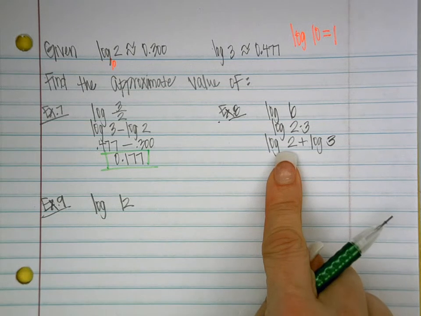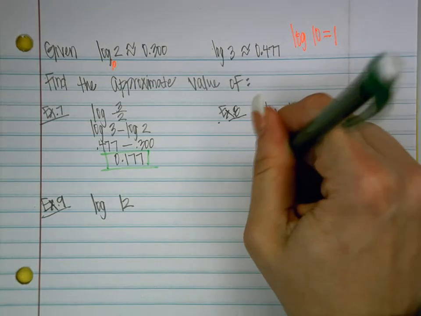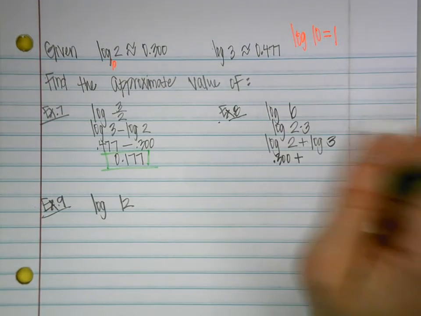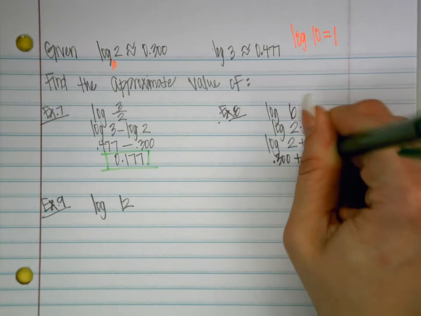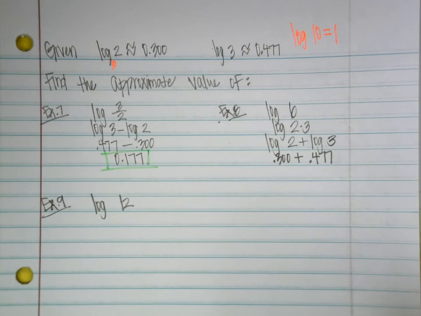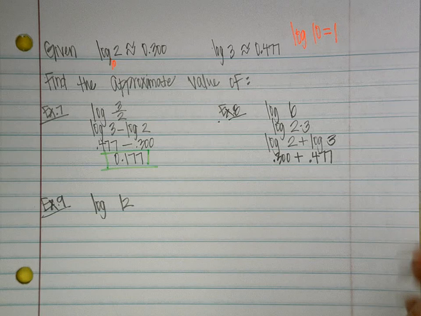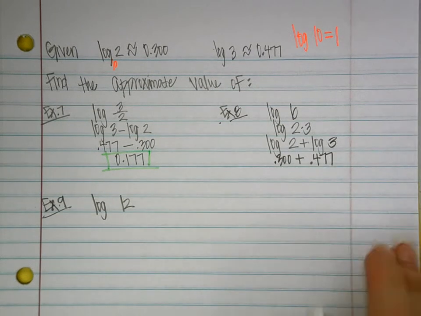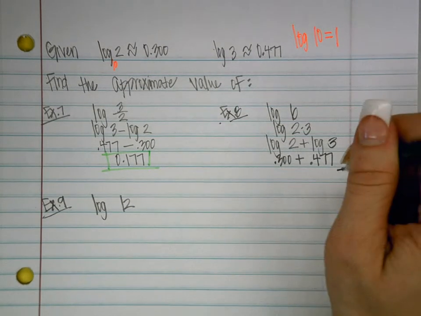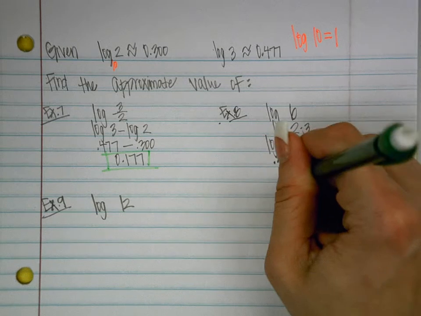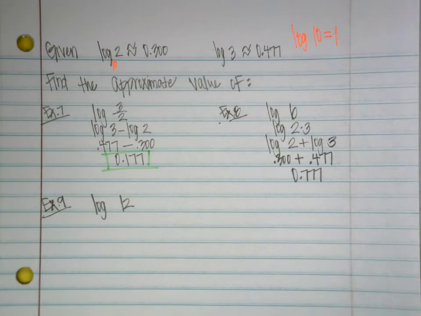Log 2 is equal to 0.300. Log of 3 is equal to 0.477. Add those together in case you forgot how to add decimals. Line them up perfectly. These both have the same number of decimal places, and that gives you what? 0.777.